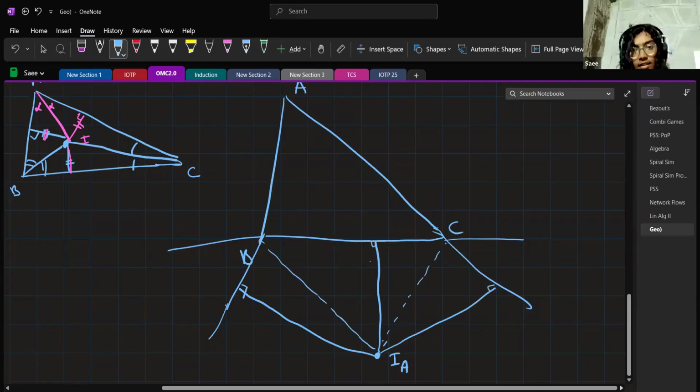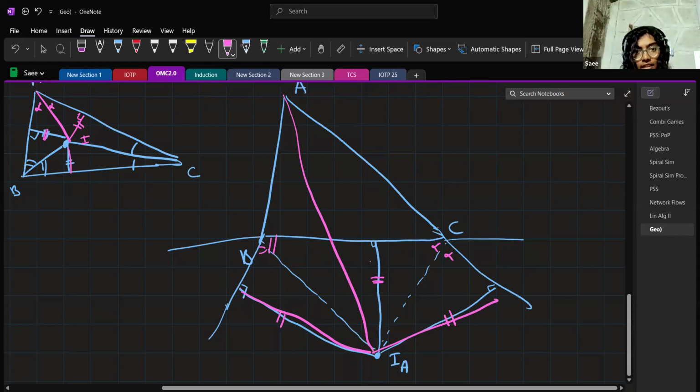So if you again look at these distances, since it lies on this angle bisector, these two lengths are equal. Since it lies on this angle bisector, this length is equal to this length. So the first length and the third length must be equal, which tells us that it lies on this angle bisector as well.